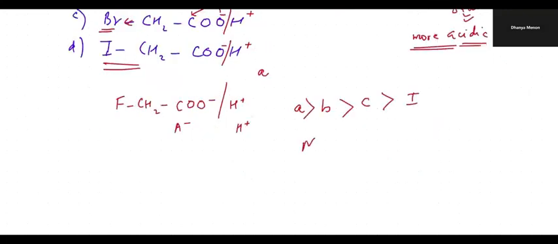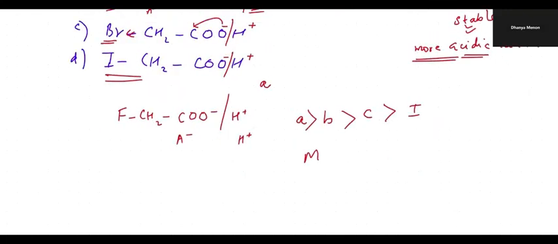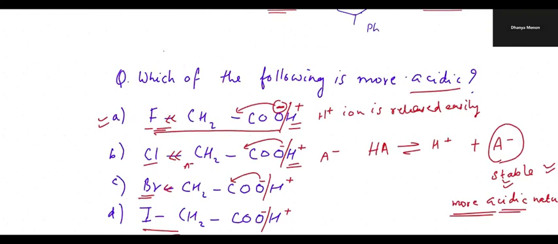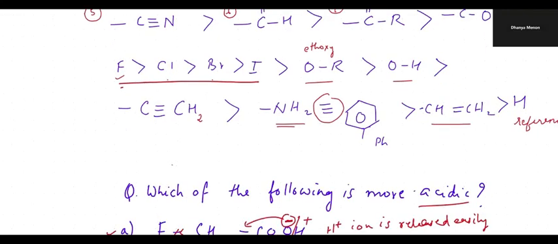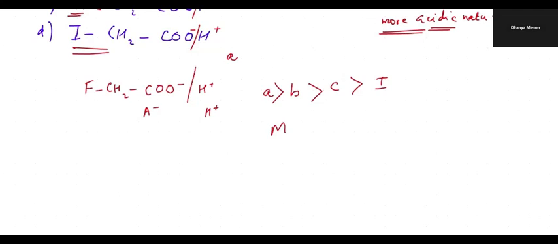Before we make a conclusion about it, here you can see the order of minus I effect: fluorine, chlorine, bromine, and iodine. This is the order, right? So we can say more minus I effect, more is the acidity.